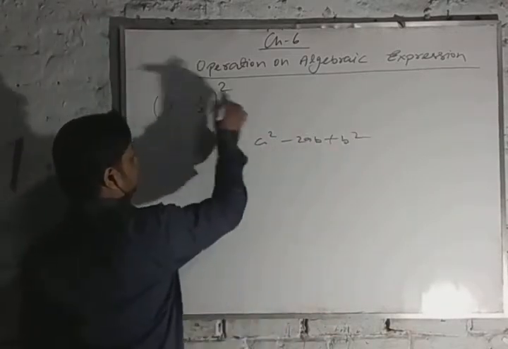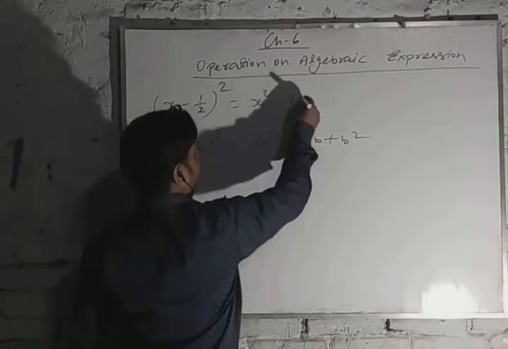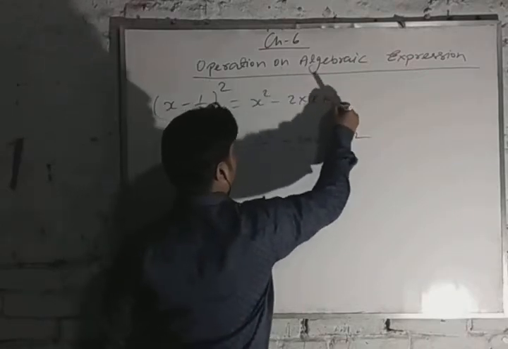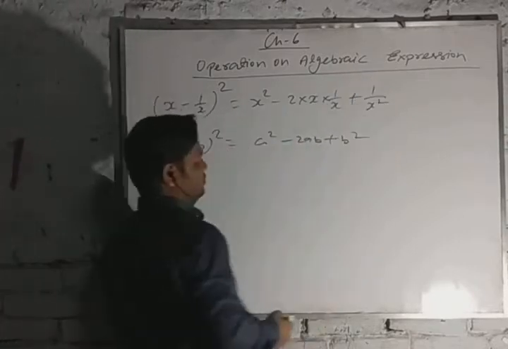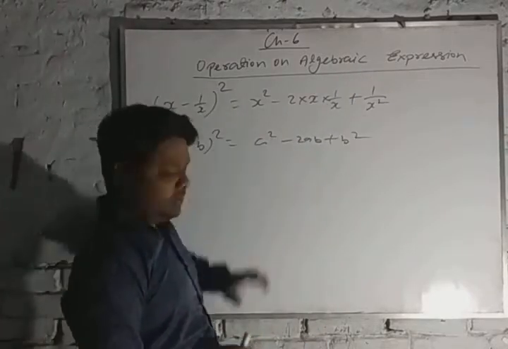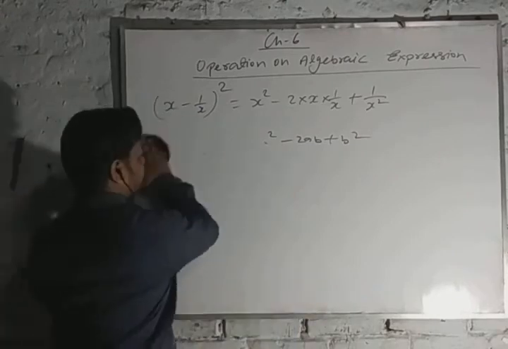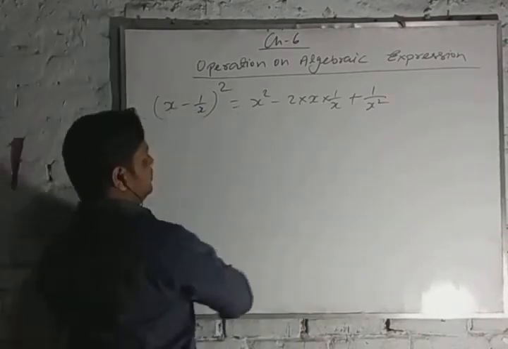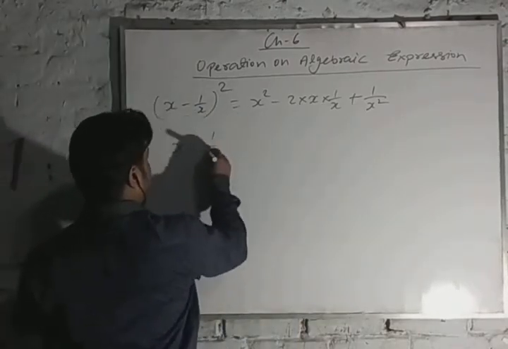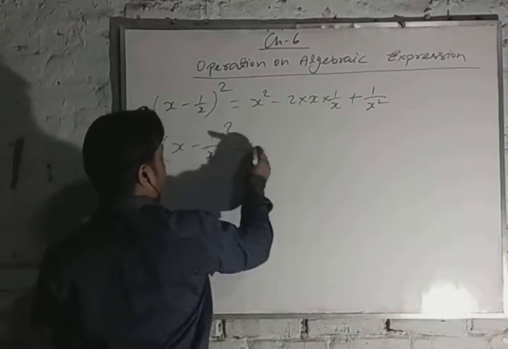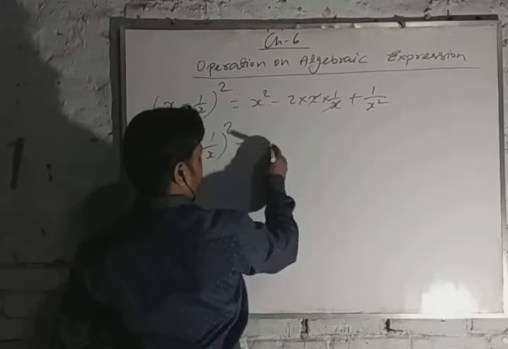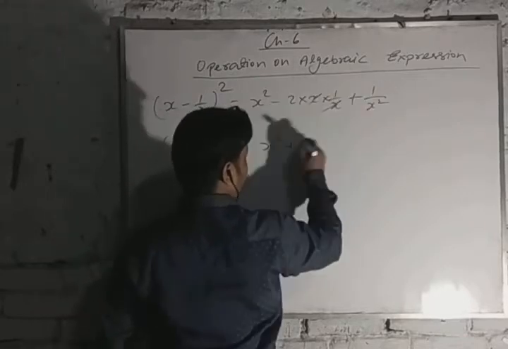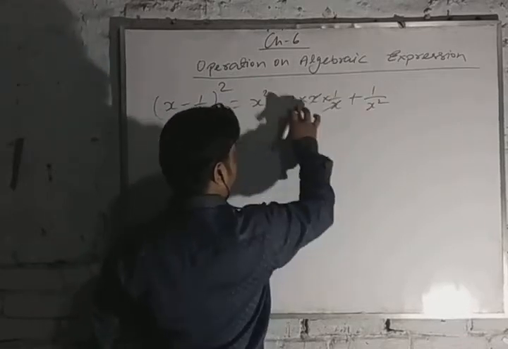Then it will be x square minus 2 into x into 1 by x, then plus 1 by x square. Now see, x minus 1 by x the whole square is equal to, again x is cancelled out, and minus 2. So x square plus 1 by x square we will write first, and minus 2 only.